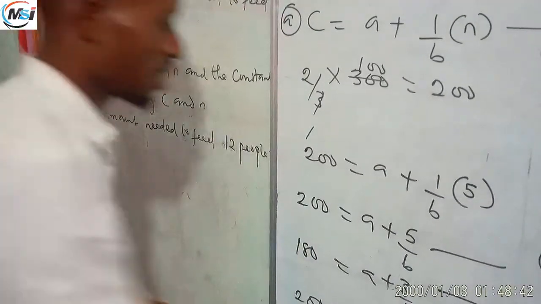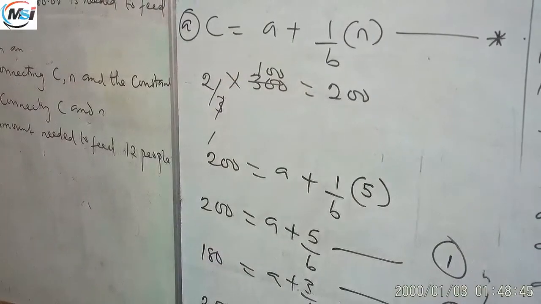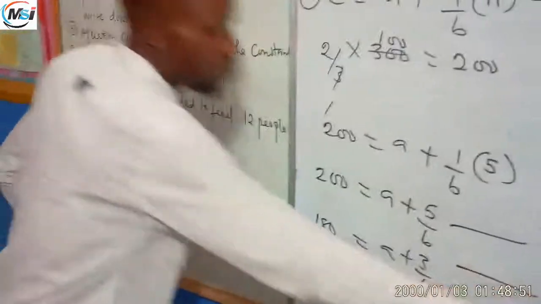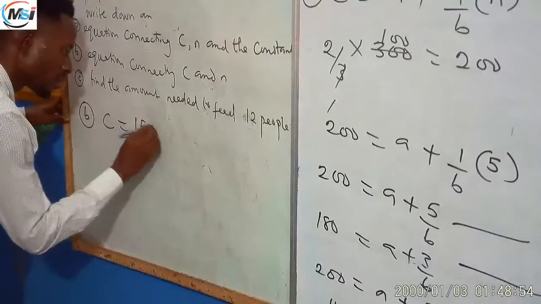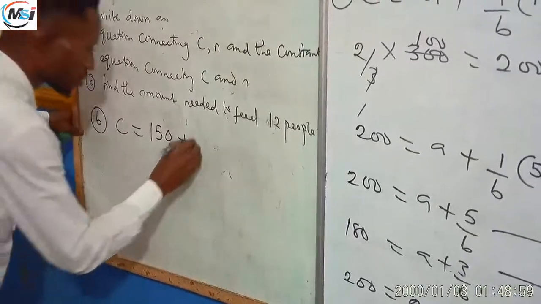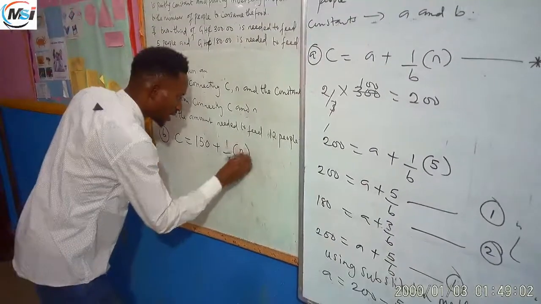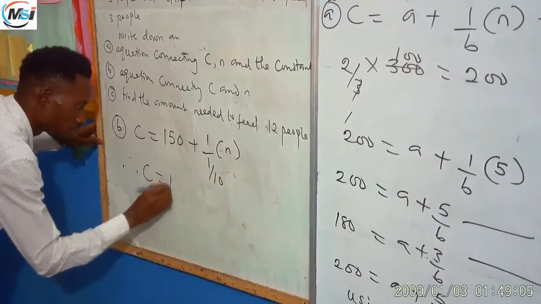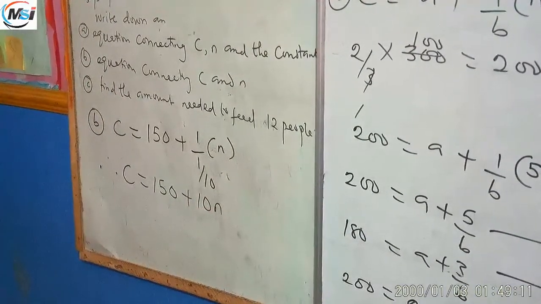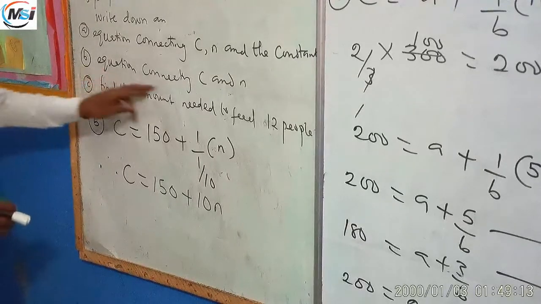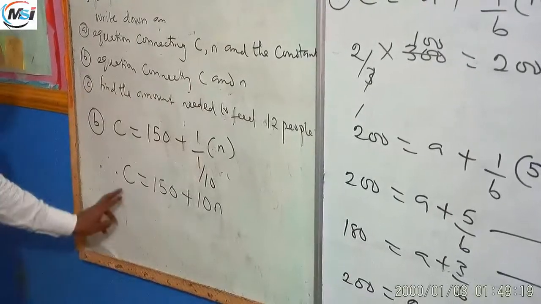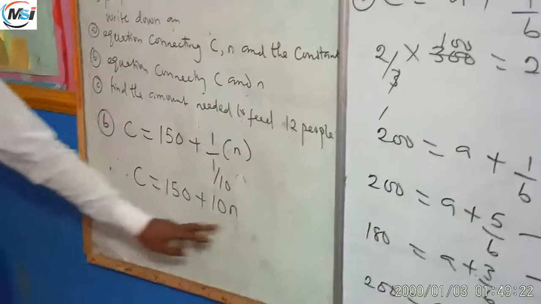Since we already have the constants, we just substitute them here. C is equal to, what is A? A is 150 in this case, plus, what is B? B is 1 over 10 in N. So therefore C is equal to 150 plus 10N. This is the relationship or the connection between C and N.